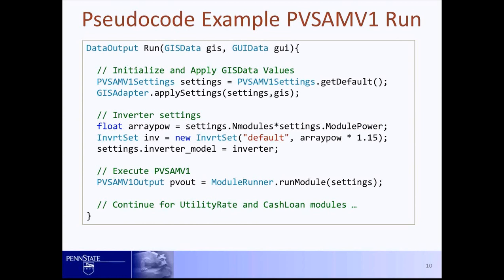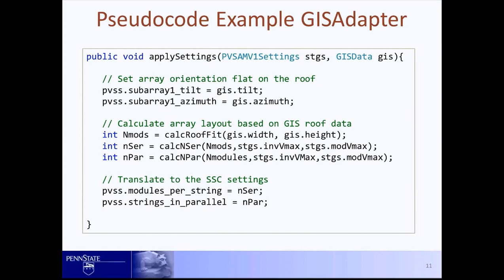The last step is just running that module and getting this custom output object. Again, the purpose of having the custom output object is primarily to avoid the need for the other parts of the application to use a string to access the data. So here we can have a PV-SAM v1 output that has a function such as get annual irradiance or get annual AC production.